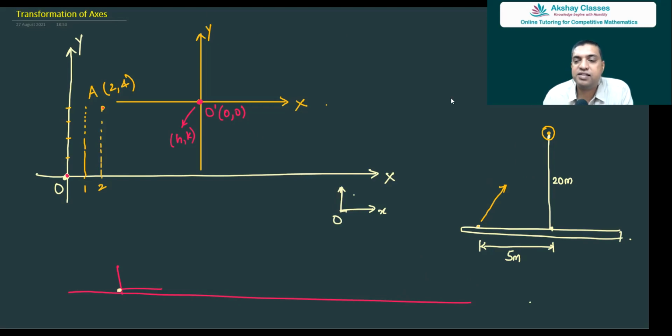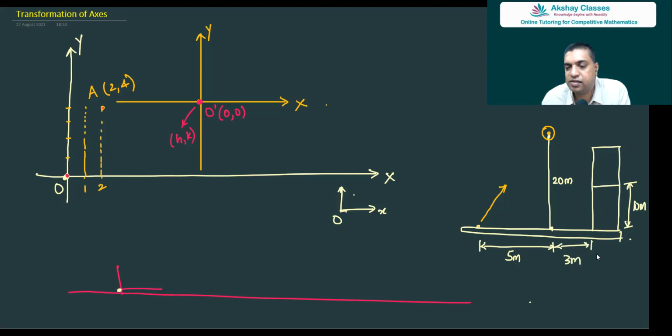The same thing, let us say there is a building here, and from the first floor of this building, which may be 10 meters high, which is at a distance of 3 meters from here, from this point I have to hit the target.